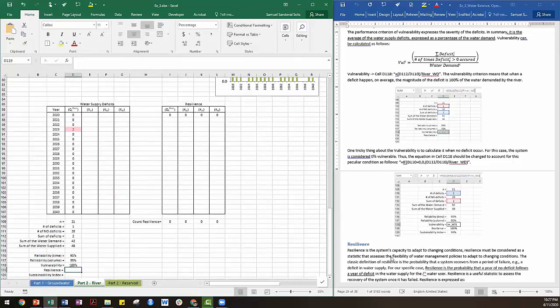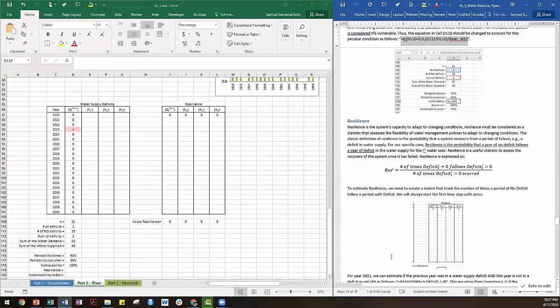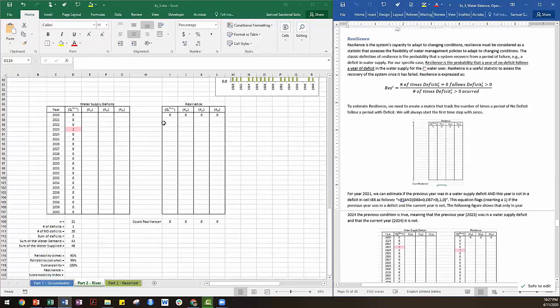Now the resilience estimates, when the system fails, how fast the system recovers. What is the probability that the system recovers? So for this, the first column in here is zeros. But basically what we want to estimate in here is to flag when the system recovers.